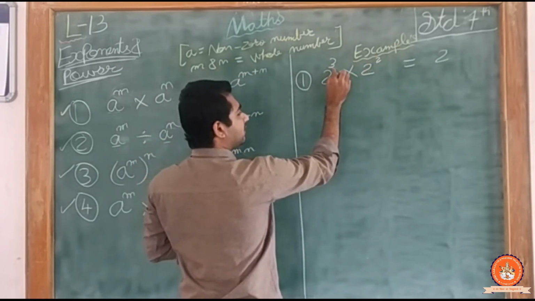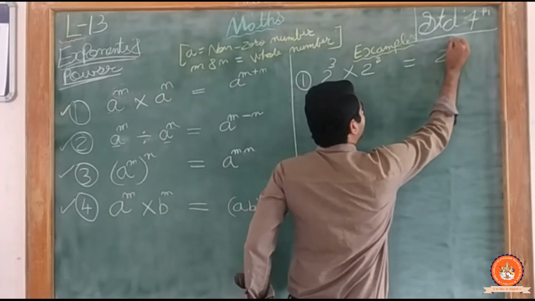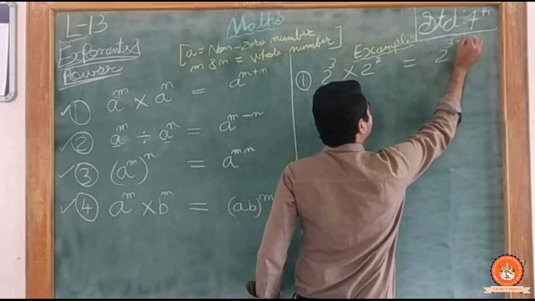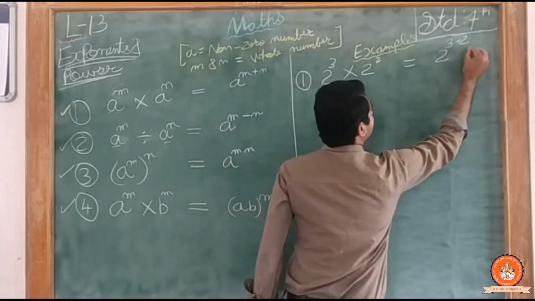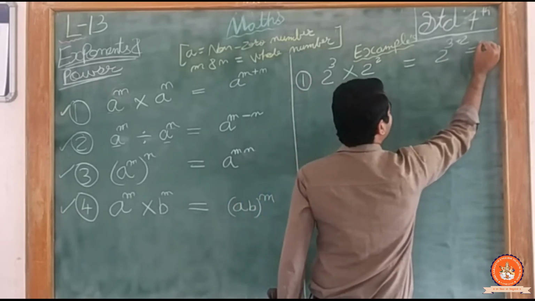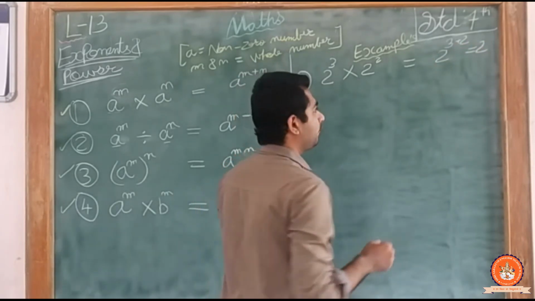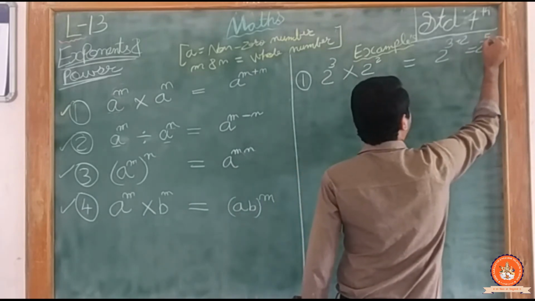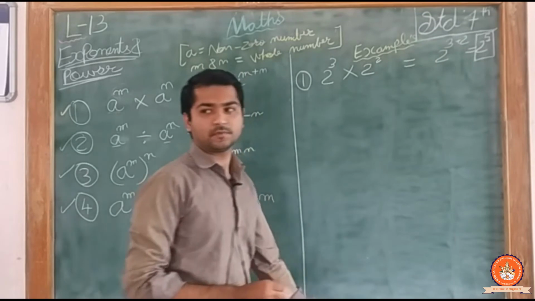M is my 3 and n is equal to 2. So it becomes 3 plus 2. So it gives me the answer 2, and 3 plus 2 that means 5. So 2 raised to 5 is my answer.